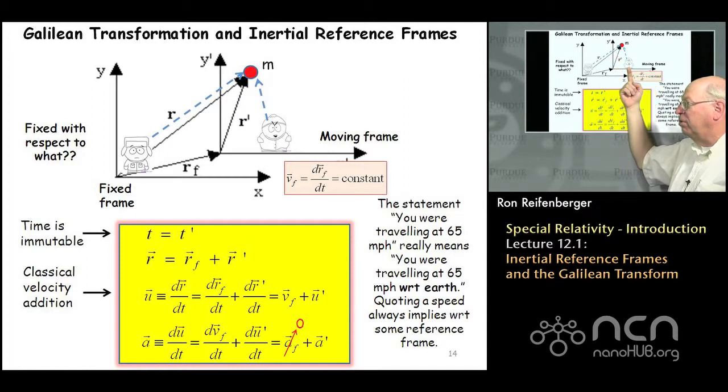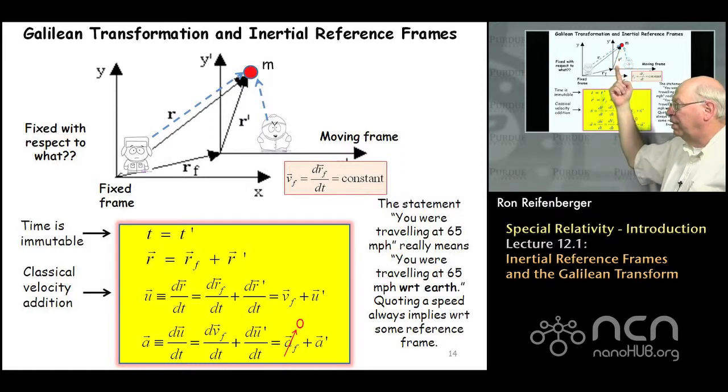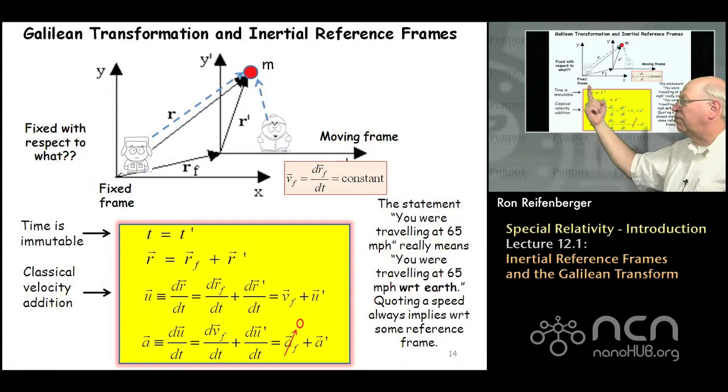A guy in that moving reference frame measures the position of an object M, and he says that object M is at position r prime, right? A guy in a fixed reference frame would see a displacement between the two reference frames, and that displacement is going to be given by this vector r sub f. And this guy, at the same instant of time, is going to measure the position of the ball, and he's going to get the vector r, right?